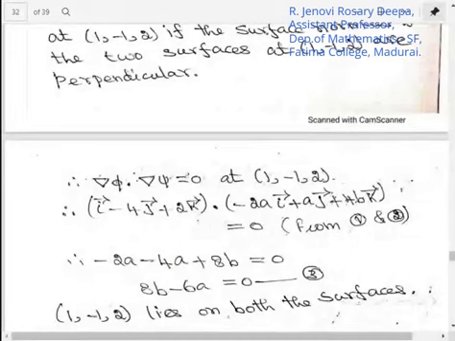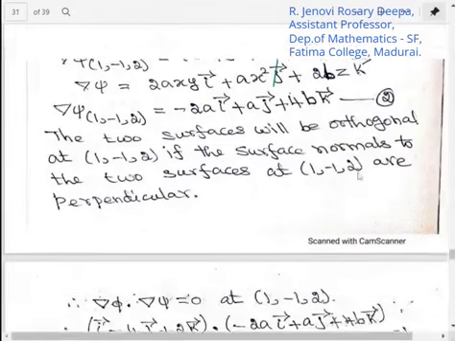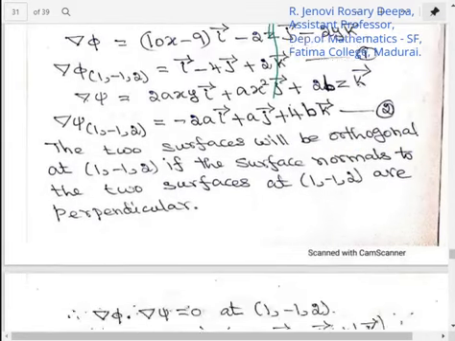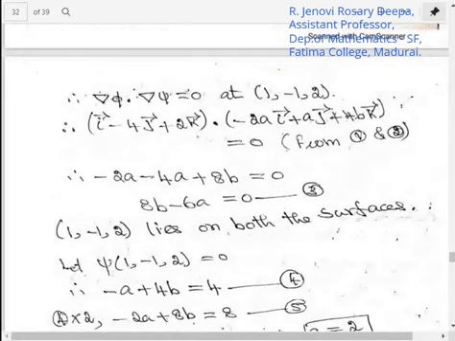Therefore, you substitute grad phi and grad psi at the particular point, which we have already found from the first and second equations. So we get (i vector minus 4j vector plus 2k vector) dot (minus 2a i vector plus a j vector plus 4b k vector) equal to 0. Then find the dot product of these two vectors.